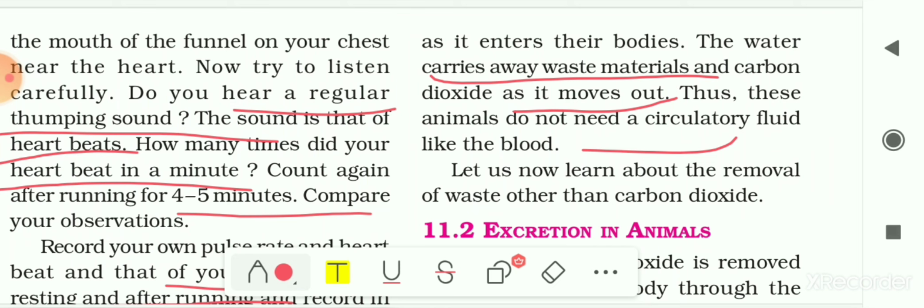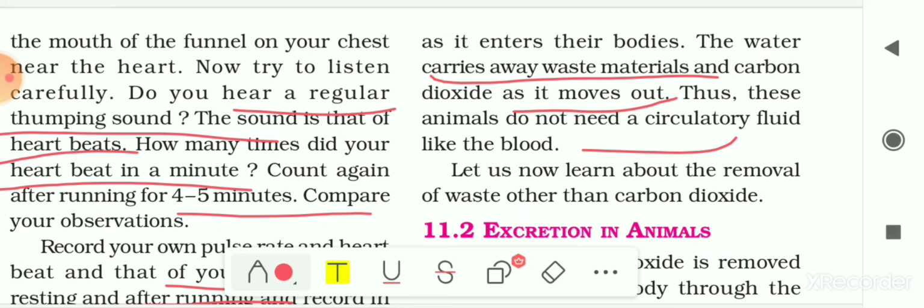So such animals do not need a circulatory system or a circulatory fluid like blood. So the animals like hydra and sponges do not have any circulatory system or circulatory fluid like blood. So this is about the circulatory system.